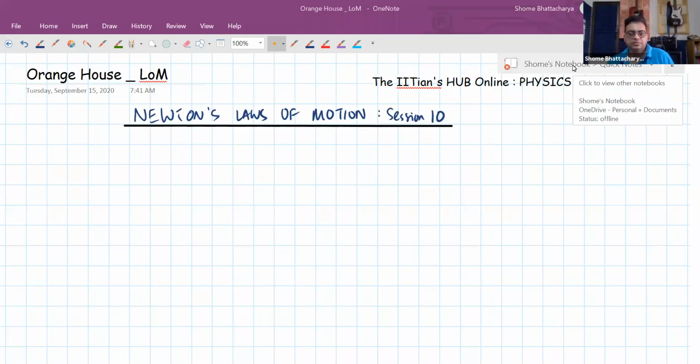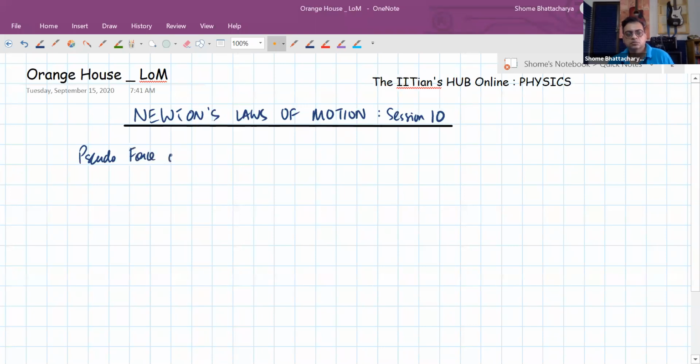So, as a quick recap, last time we had seen the concept of pseudo force, a body in a non inertial frame.